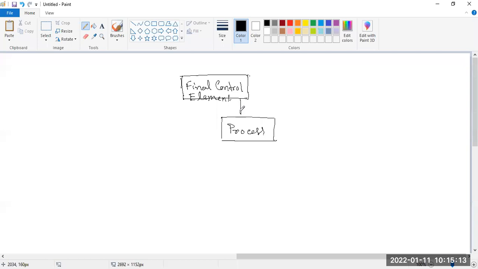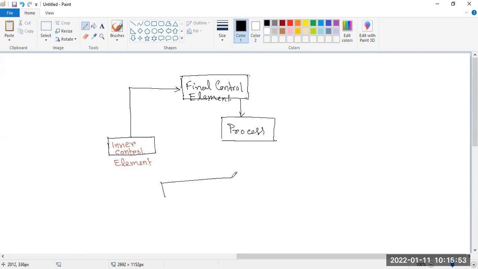This is steam or water, and this is the inner control element. I2 you have given and I1 you have to provide, so you will find out V2. So the volt ampere of the two sides are equal, that is V1 I1 equals V2 I2. So that is the inner variable.